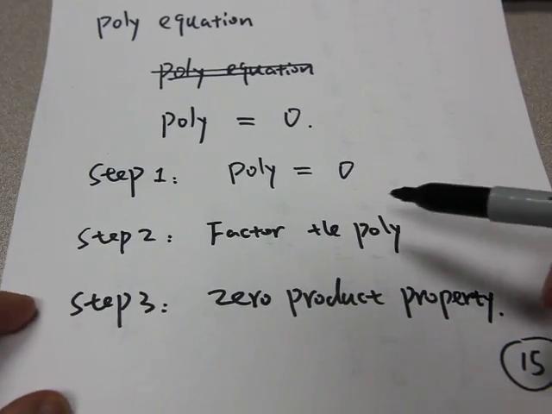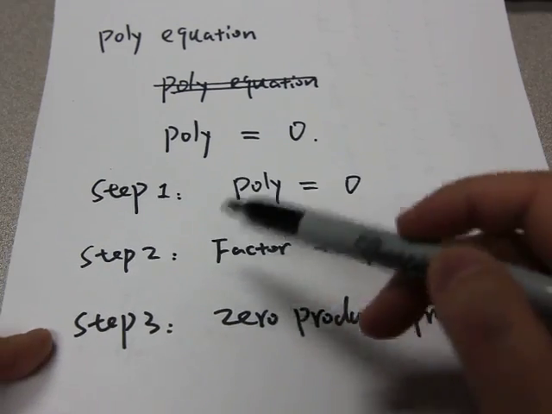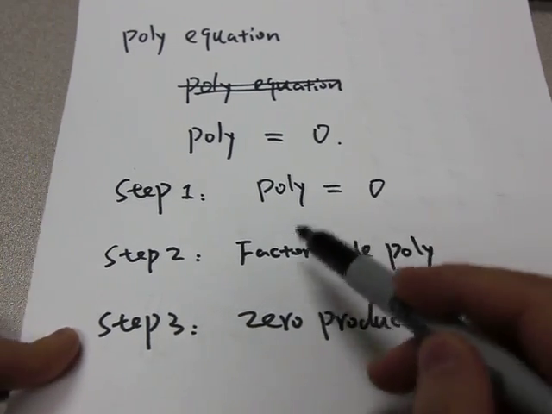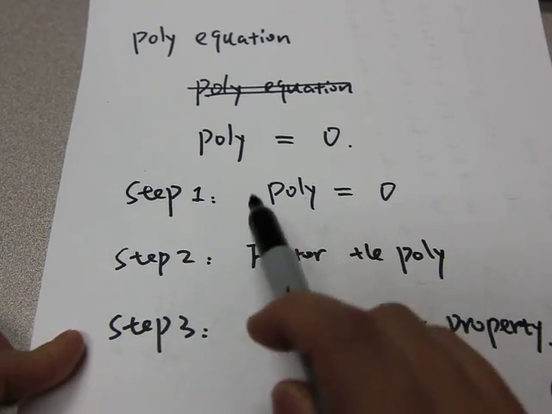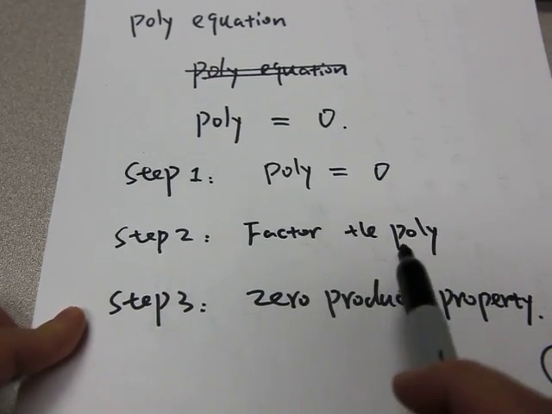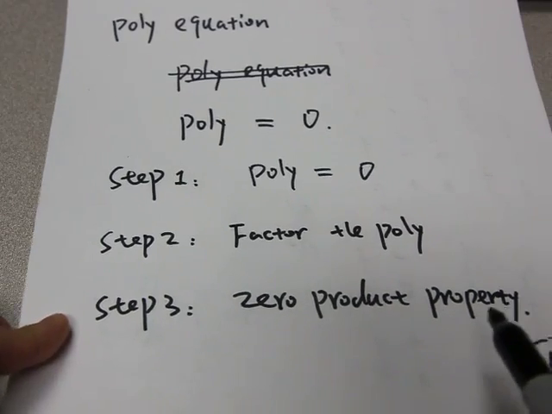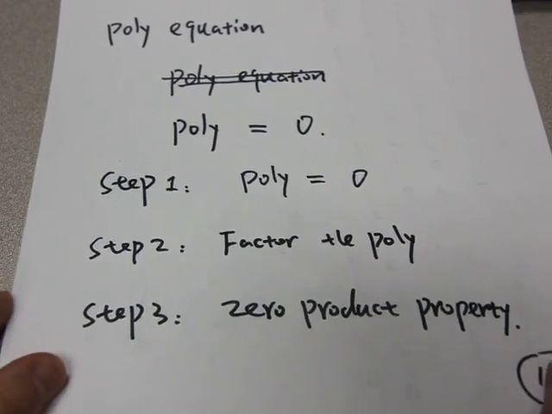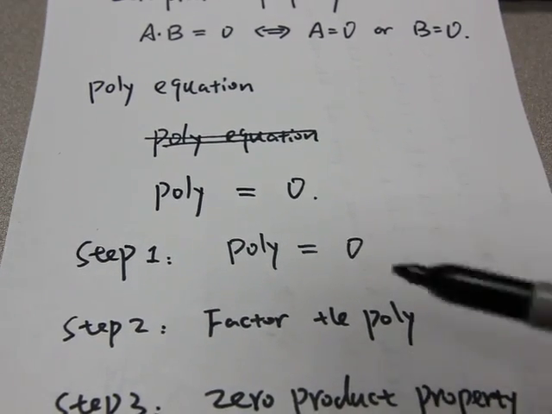Again, after a given equation, you first write the equation into this form, and then use the techniques we learned before to factor this polynomial. After you factor the polynomial, we use the zero product property to solve the equation. Now let me use some examples to illustrate this method.